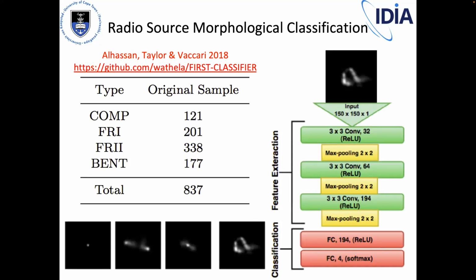As you can see, we started from a well-known sample of compact and FR1 and FR2 sources that you probably heard of in the radio astronomy courses, and bent radio galaxies. And here you see an example of the 4 classes.